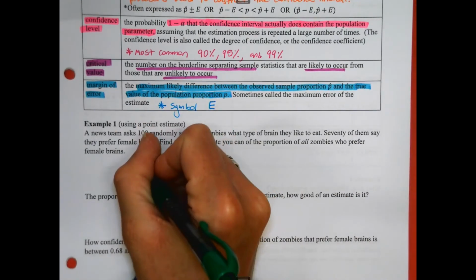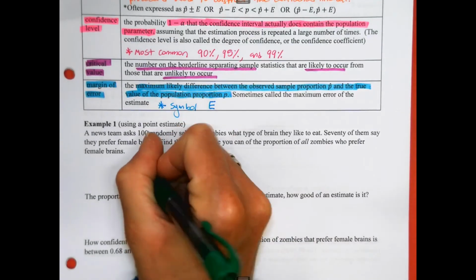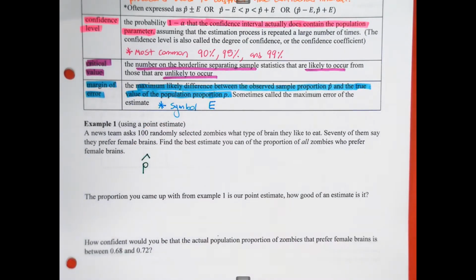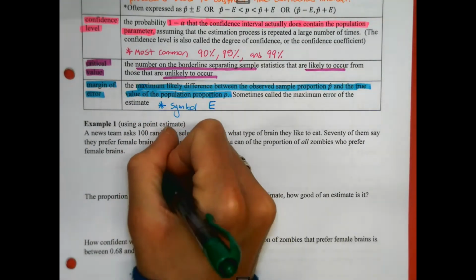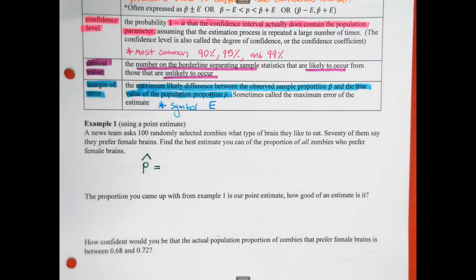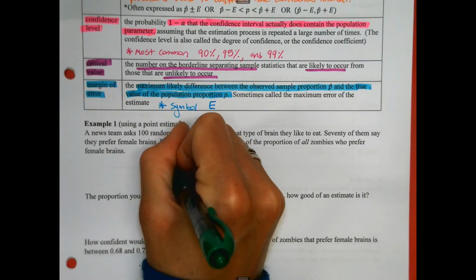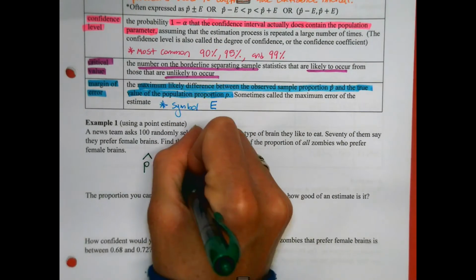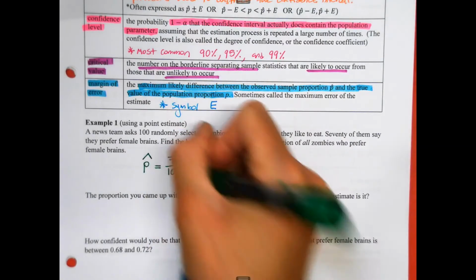Well, the only thing we know is we have this sample. So we can give our point estimate, or in this case, it will be p hat, where p hat is equal to the number of successes divided by the number of trials. Here, the number of successes is 70, since 70 of them said they prefer female brains, out of the 100.